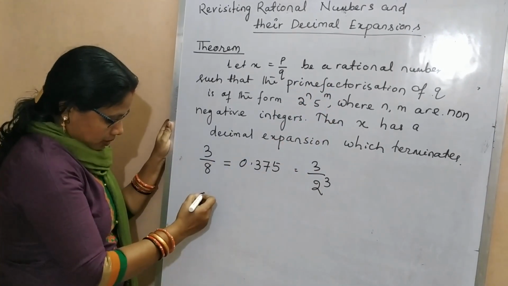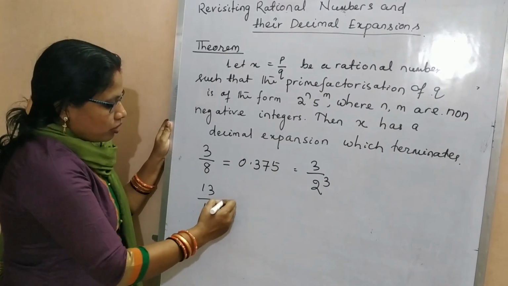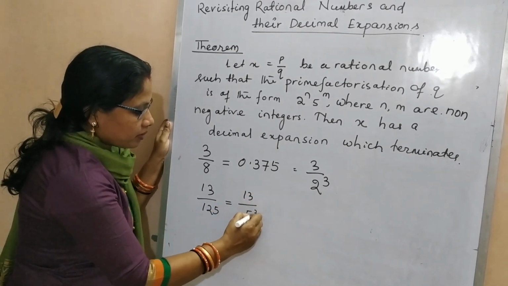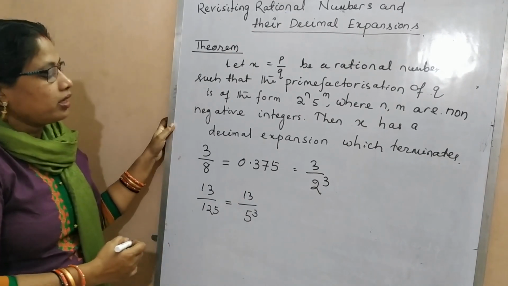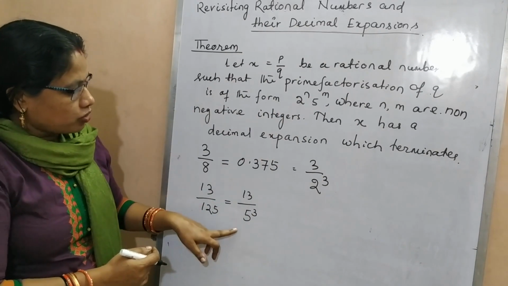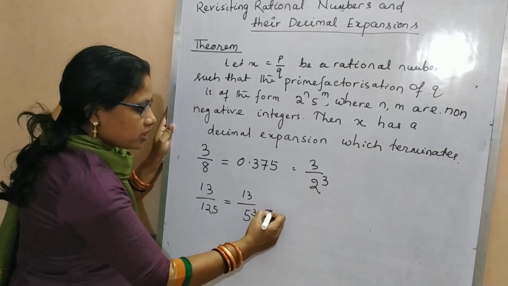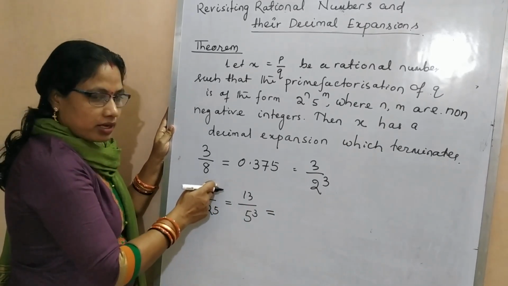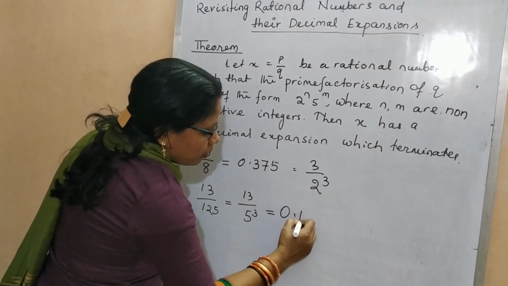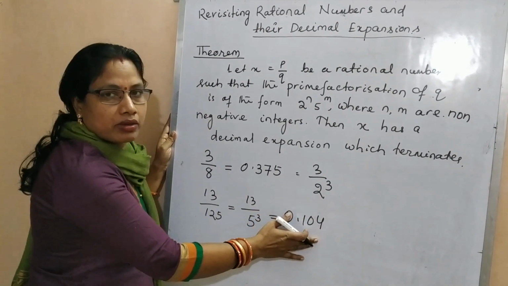Take another example, 13 by 125. So 13 by 125 is equal to 13 by 5 to the power 3. So it is in the form 2 to the power n, 5 to the power m, where n is equal to 0 and m is equal to 3. We know the decimal expansion of 13 by 125 is 0.104, which is a terminating decimal number.